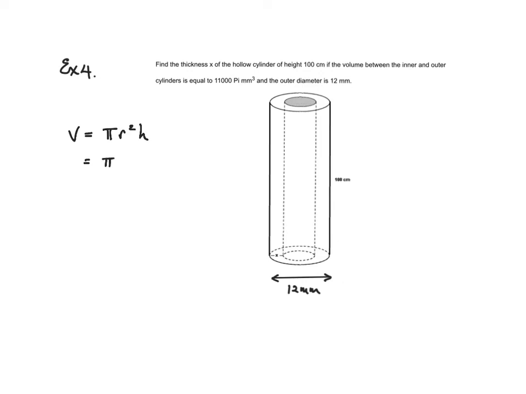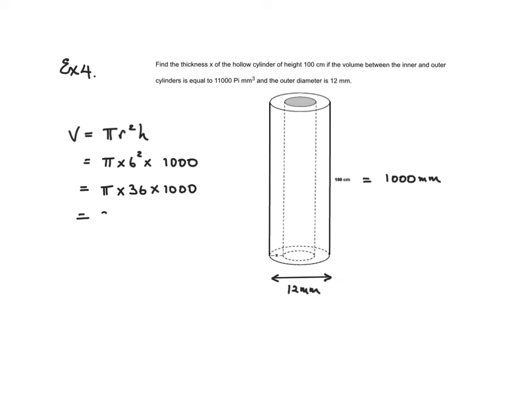Pi times, well, we know that the radius is 6 times the height. Now the height is 100 centimetres. Now that 100 centimetres, if we multiply by 10, gives us 1000 millimetres. So that's pi times 36 times 1000.